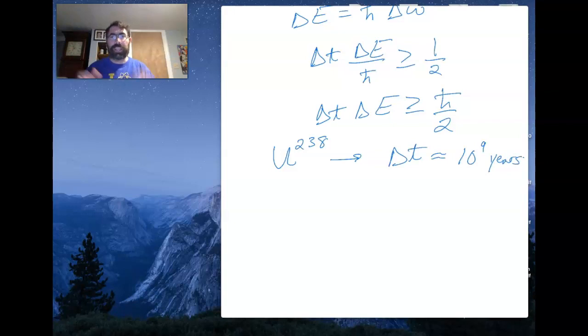That's a large uncertainty. Somewhere between now and 1 billion years from now is when that uranium nucleus is going to decay. But if the uncertainty in my knowledge of when it's going to decay is so large, that means the knowledge of the energy level is really, really, really good.